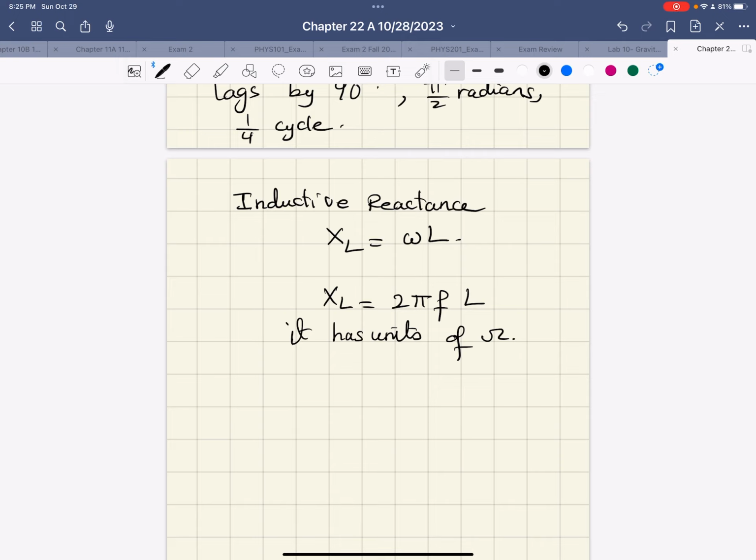Also, we can write VL as I times XL. The VL is the potential difference across the inductor.